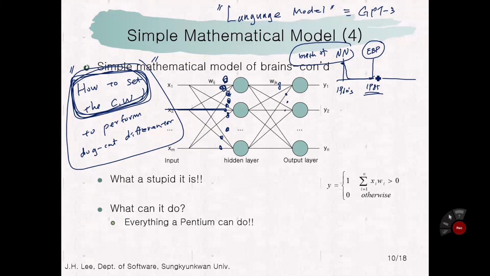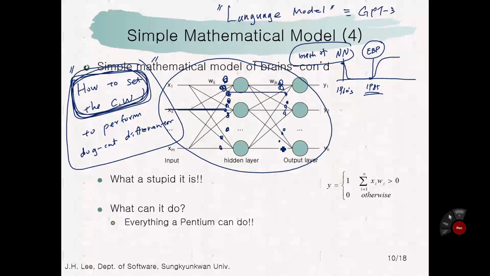So here is the first boom of the neural network. Neural networks were popular after 1985 because I can train the neural network, which means that I can set up the connection weights, and then I can make a dog and cat differentiator with it. What do you want?